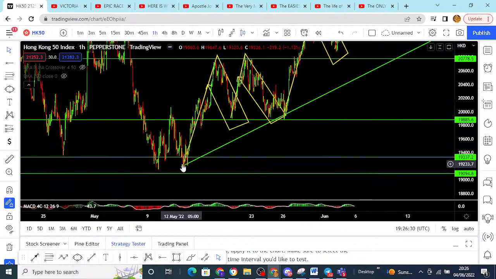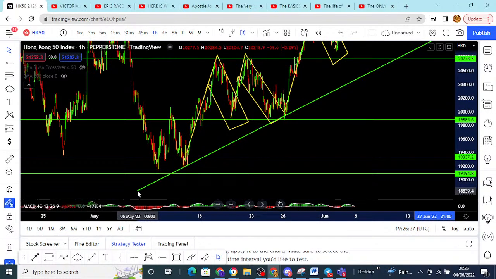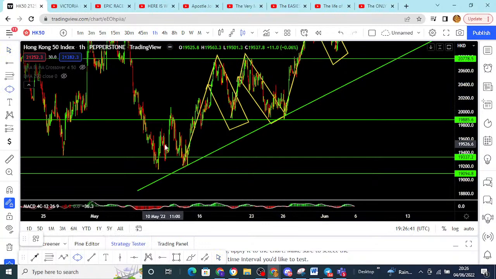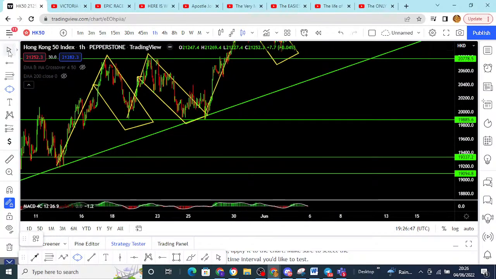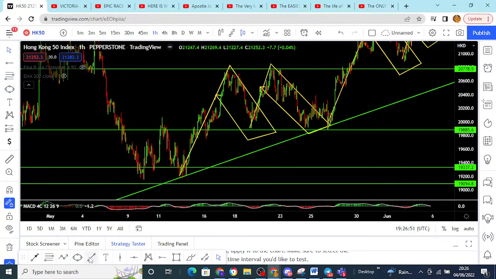Were we to look at what has happened in the previous example of the market, you can see that the market was making higher highs. If you look at the various points, you can see that there was a higher high here.